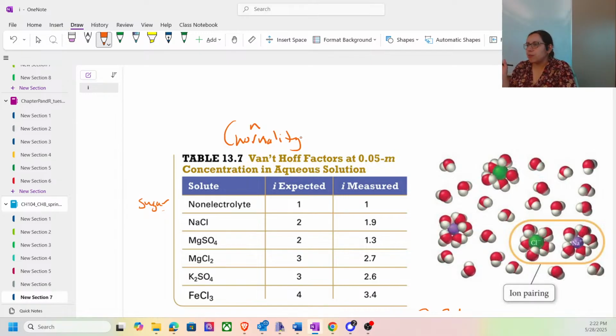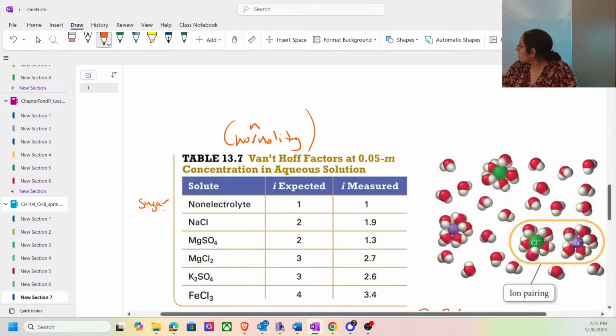They do all sorts of electroplating or chemical plating for helicopters and big manufacturing. But they care about normality and how many ions are in their solutions total. So just something to think about if you go off into the world. You may see normality, and that's what it's referring to.